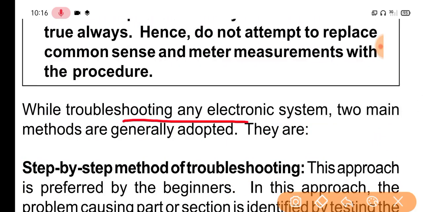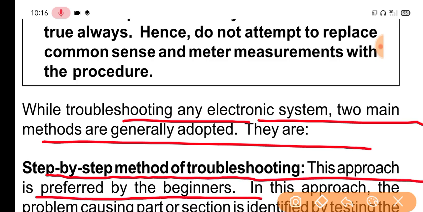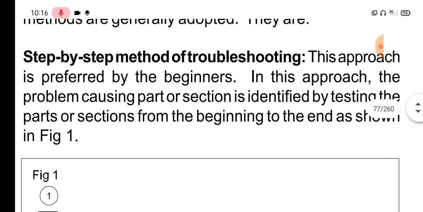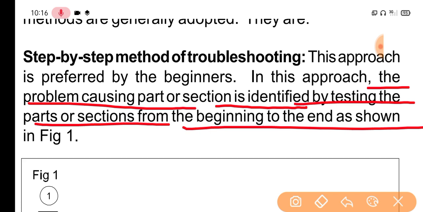While troubleshooting any electronic system, two main methods are generally adopted. The first is the step-by-step method of troubleshooting. This approach is preferred by beginners. In this approach, the problem causing part or section is identified by testing the parts of the sections from the beginning to the end as shown in picture 1.